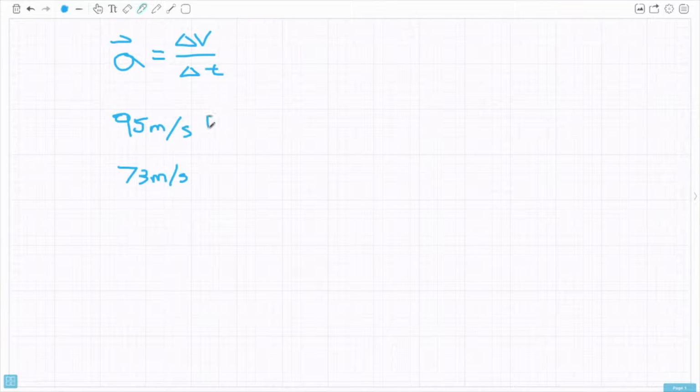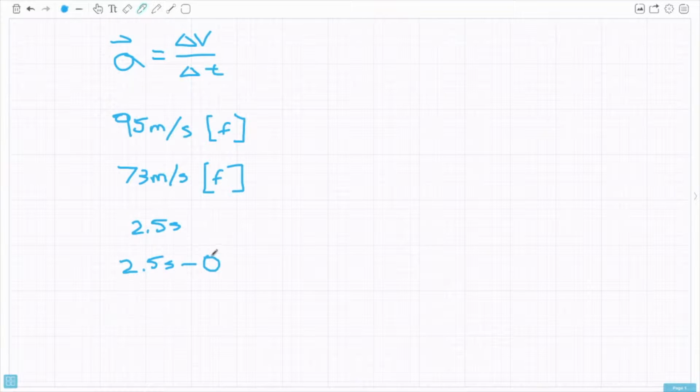Now these two are both vector quantities, meaning that they have a direction. So the car is going forwards, the car is still going forwards here. Now we know that the change in time is 2.5 seconds, since the final time is 2.5 seconds, and the initial time is 0 seconds.